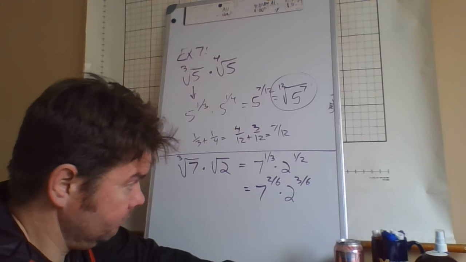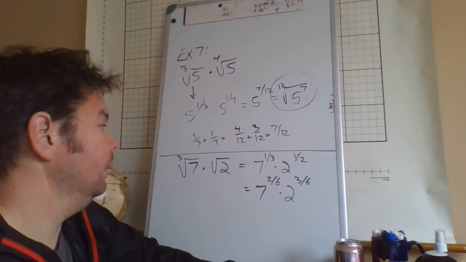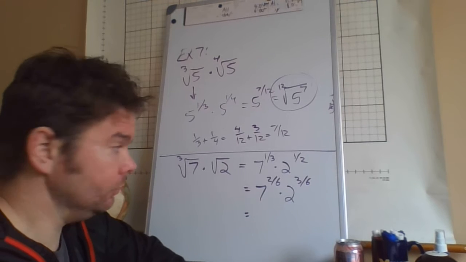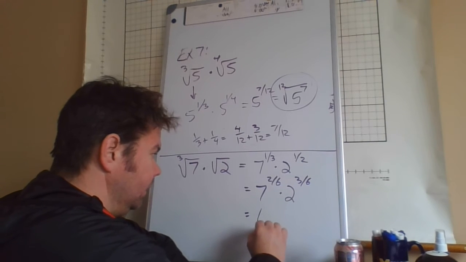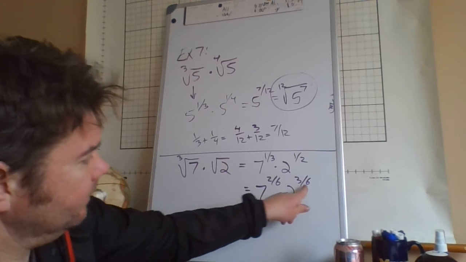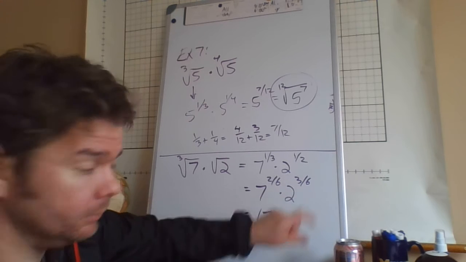Take a second, convince yourself that what I did is legit. It is, okay? Then what I'm going to do, and this is the tricky move, I'm going to take a 1/6 out. I'm going to factor out a 1/6 from each of these.